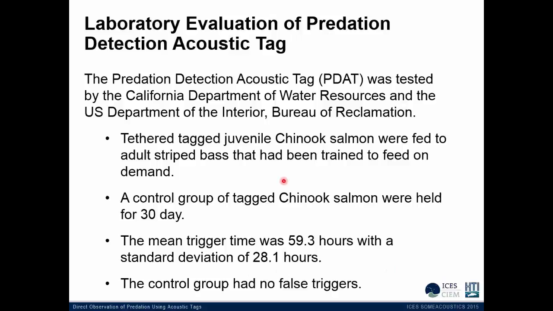Further observations have shown that the actual mean trigger time is very much dependent on the digestion process in the predator. We found that a free-swimming predator typically is hungrier than one of these trained predators in the tank, and the predation tag will trigger more rapidly in a free-swimming predator.